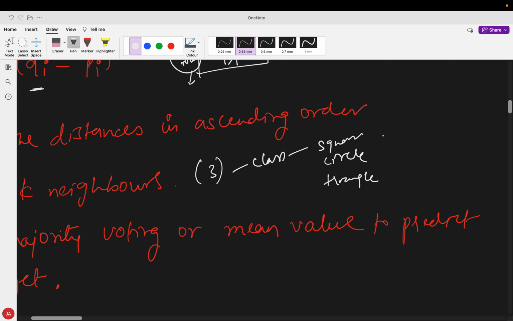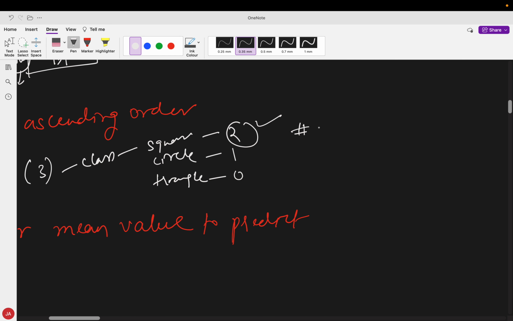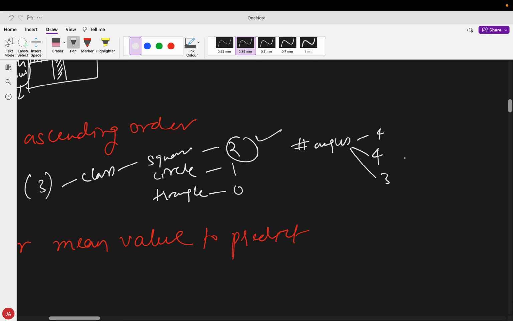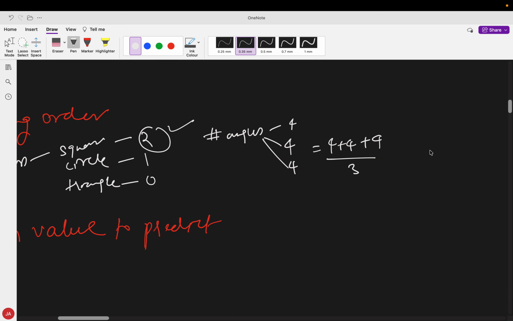If my nearest neighbors have voted 2 for square, 1 for circle, and 0 for triangle, I'll go with the square. For a regression task, let's say the number of angles formed are 4, 4, and 3 for the triangle, so I'll take the average of 4 plus 4 plus 3.